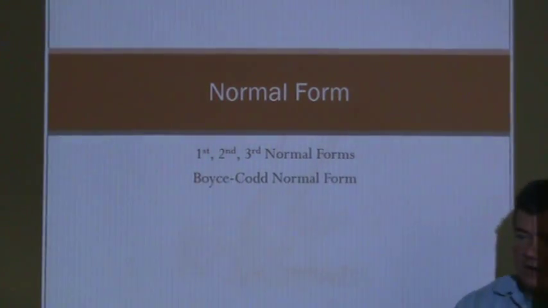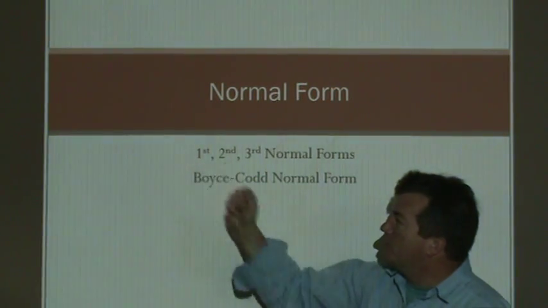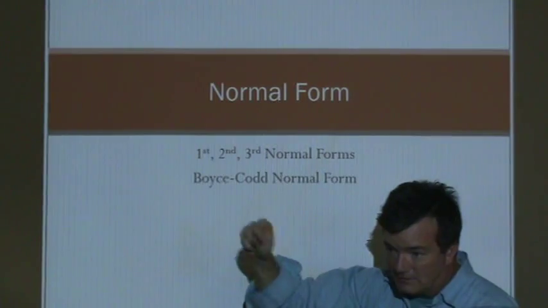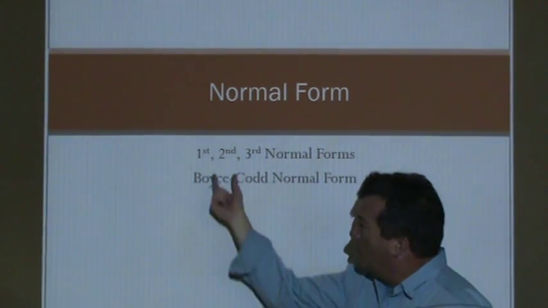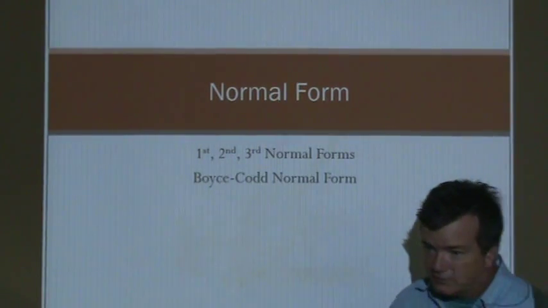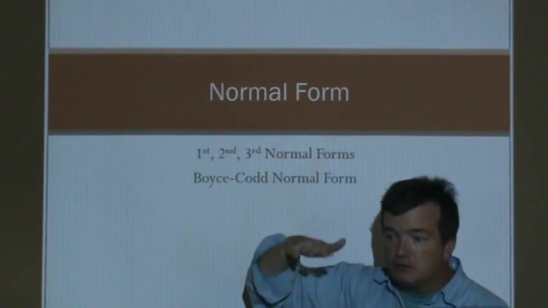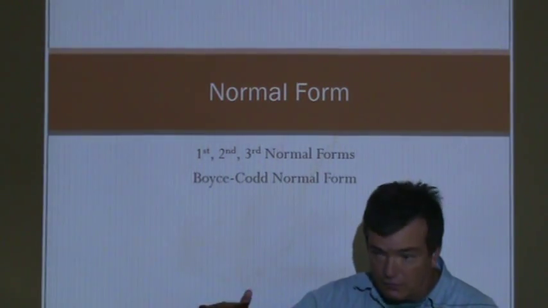So what we're going to talk about is what is famously known as the first normal form, the second normal form, the third normal form, and then finally the Boyce-Codd normal form. And these normal forms go in progressive order. So in other words, we're going to place restrictions on the functional dependencies of our data, of our tables.